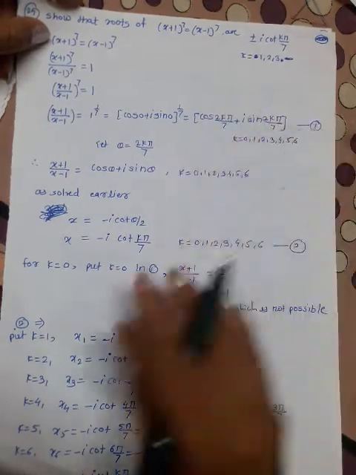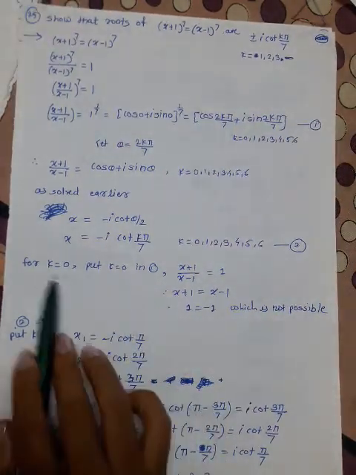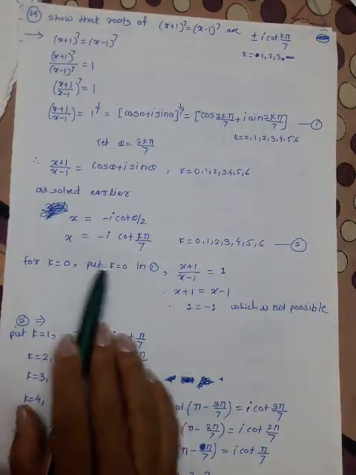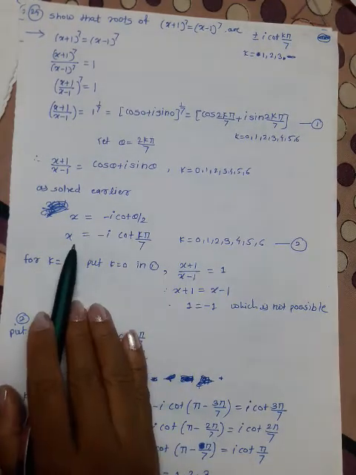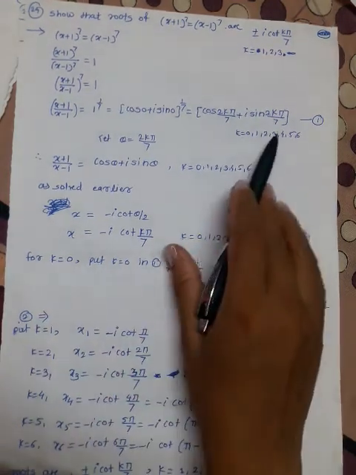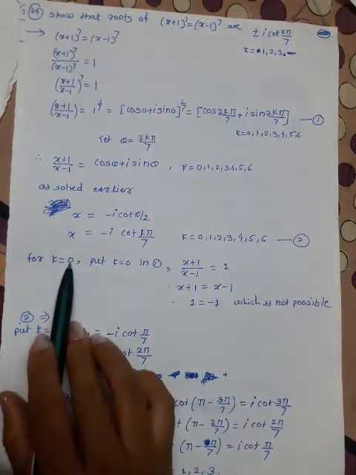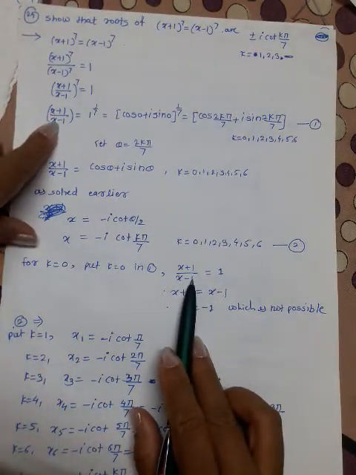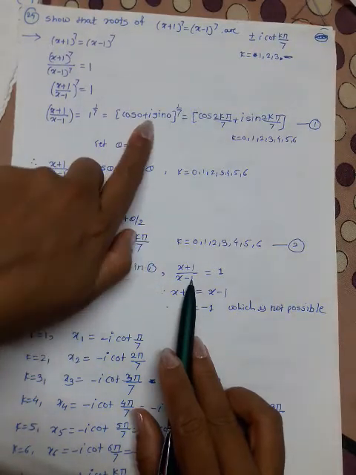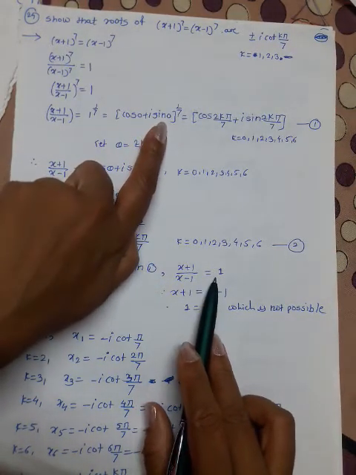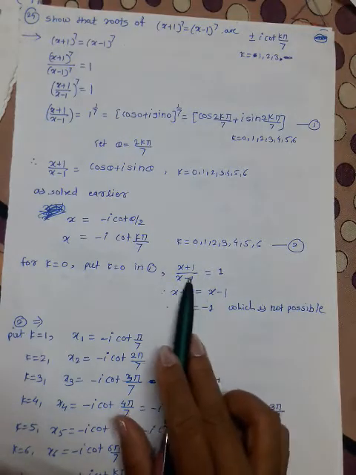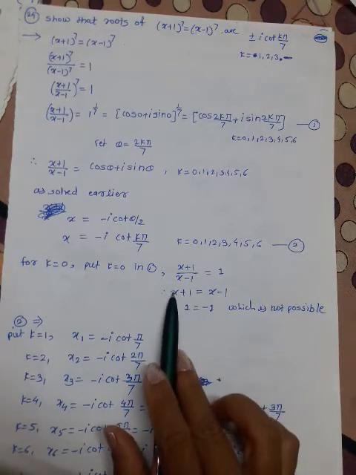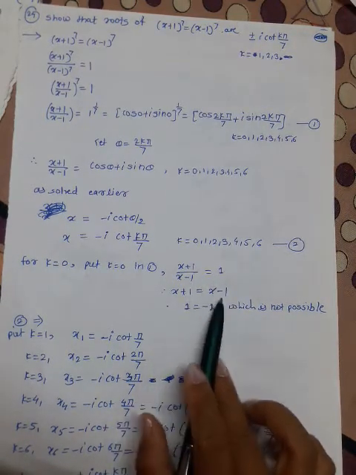Now let us start by putting k is equal to 0. We get (x plus 1) upon (x minus 1) is equal to cos 0 plus i sin 0, that is 1. Now if you solve this equation, we get x plus 1 is equal to 1 into (x minus 1).